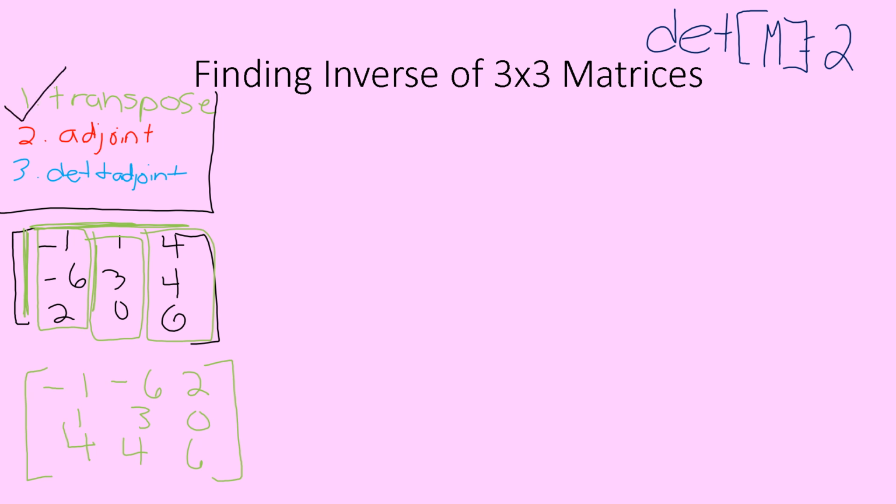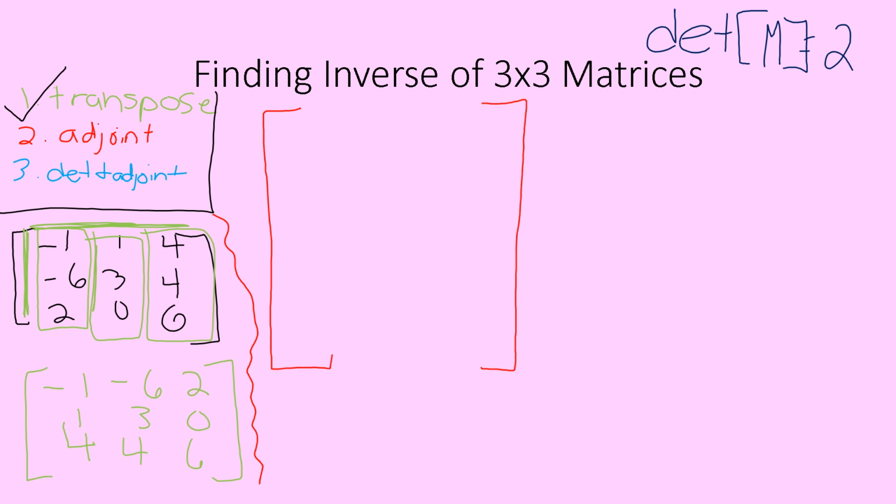Now we're going to find the adjoint, which is not a complicated process, it just happens to be a little lengthier. So for this step, we're going to use the transpose. The adjoint matrix always follows this format.